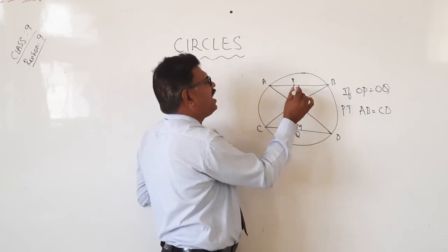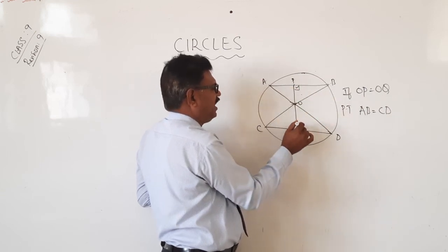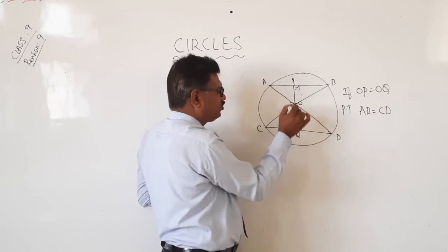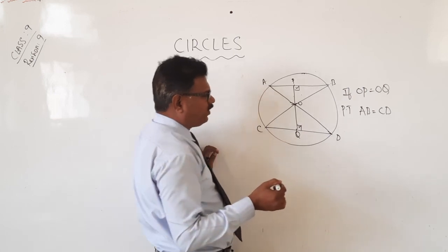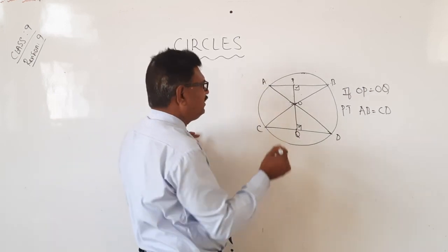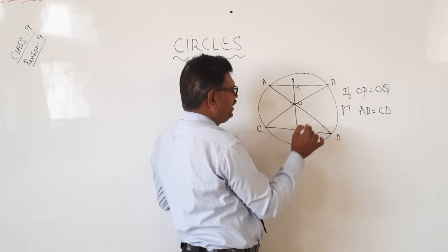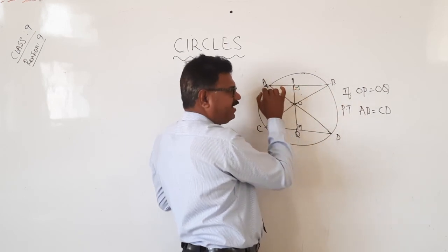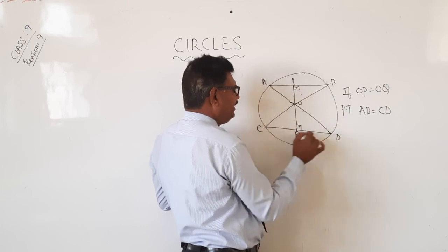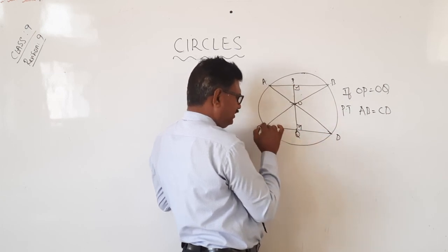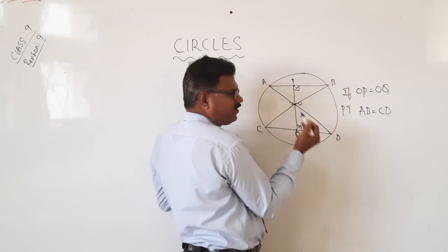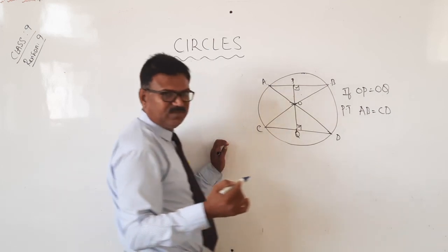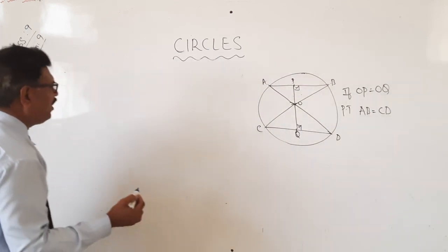Therefore, RHS. These two are congruent. Therefore, corresponding sides and corresponding angles are equal. Therefore, what happened? PB equal to QD. But PB is also equal to PA. Therefore, QD is also equal to CQ. Therefore, equals added to equals are equal. Therefore, AB will be equal to CD. Understood? Yes. Very, very simple.